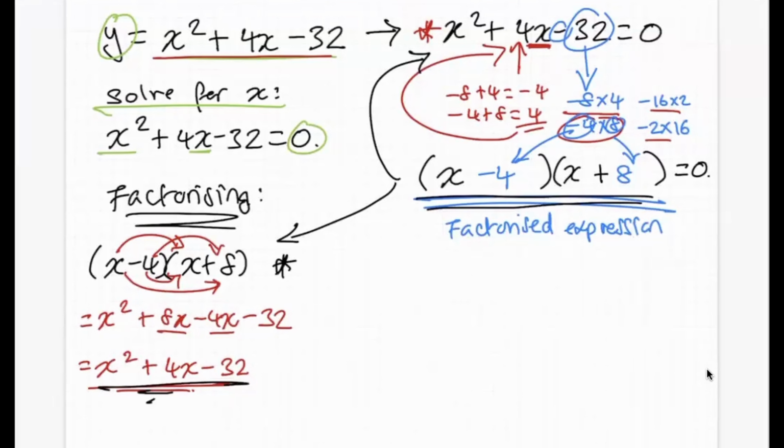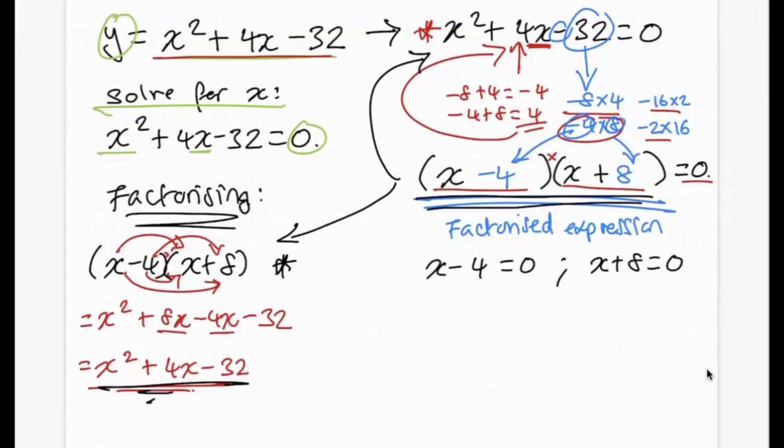Perfect. Now, what we have here in this factorized expression are two parts to it. We have x minus 4 and we have x plus 8, and they're multiplied together, right? There's an invisible multiplication sign between these two brackets. That's what we can't see. And in fact, we use that multiplication to expand the brackets here. So because these two parts are multiplied by each other and the total equals 0, that means that x minus 4 could equal 0 and x plus 8 could equal 0, right?